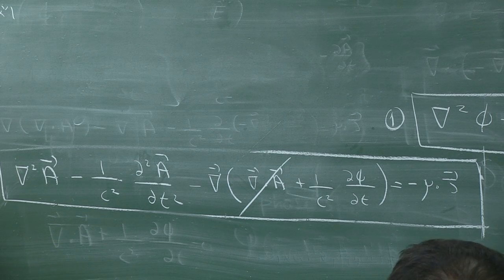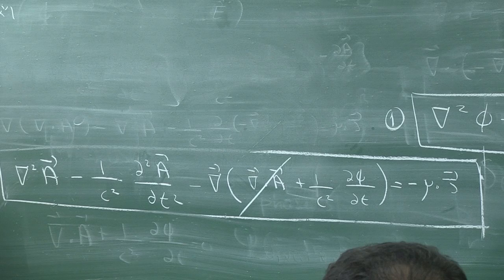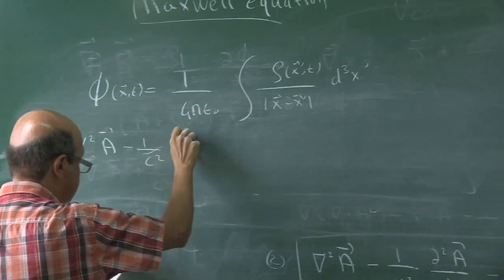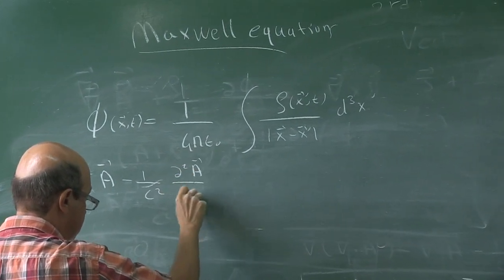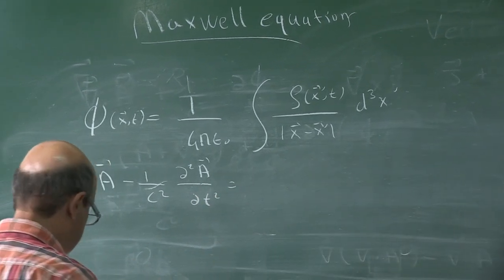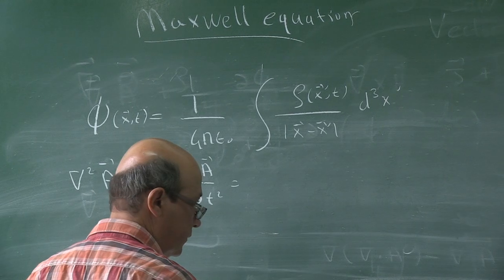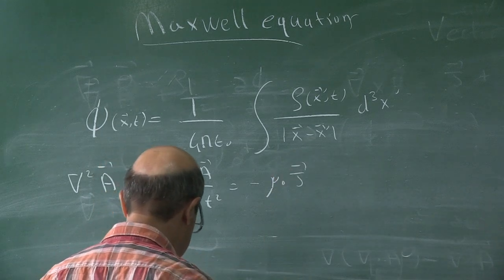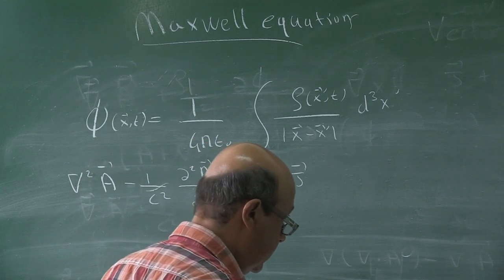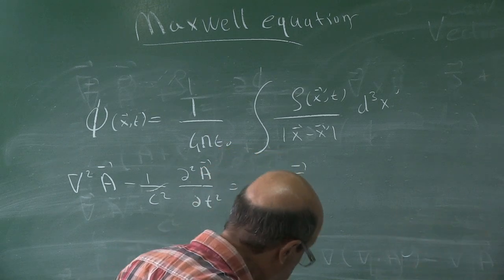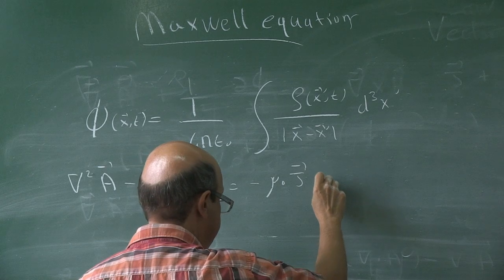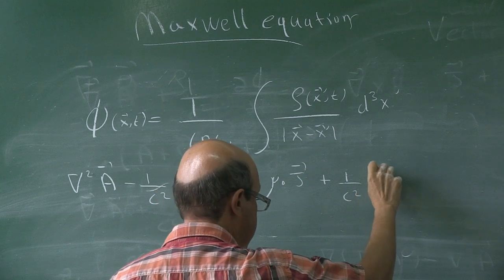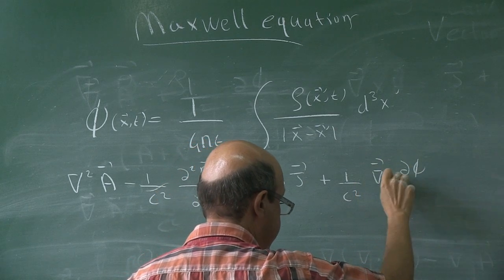Laplacian of A minus 1 over c squared del squared A over del t squared is equal to minus mu 0 current density, and the term we have goes to the other side, plus 1 over c squared gradient of del phi over del t.